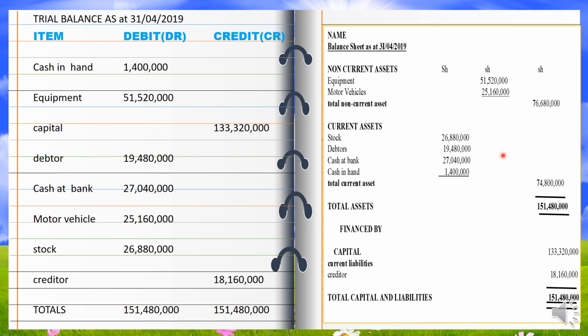So there we are, which is well balancing. And that is how simple we are able now to close down the various accounts. We extract those balances, and at the same time we use those various balances to develop what we call our balance sheet.